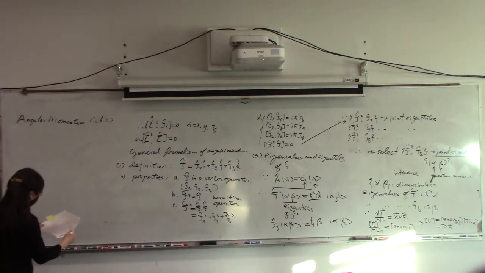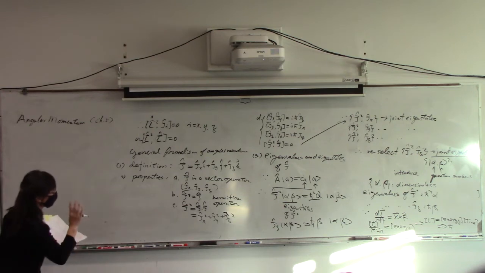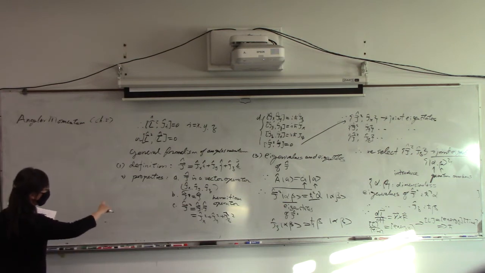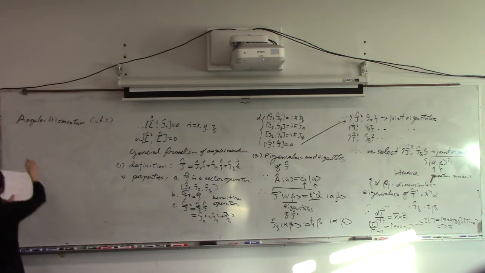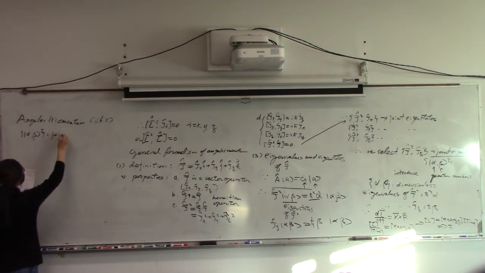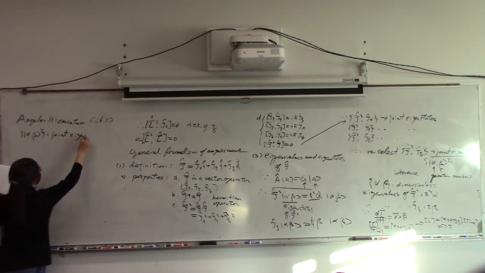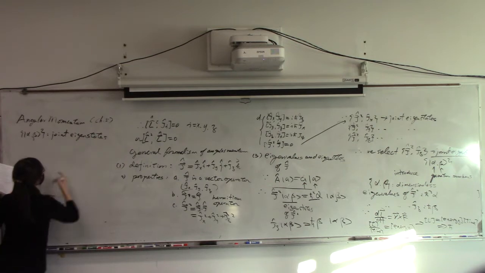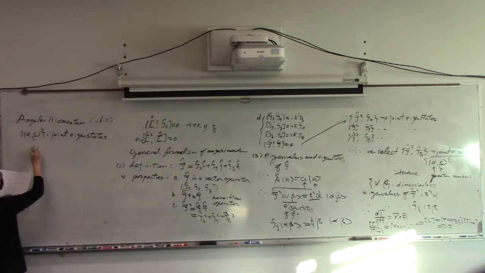So now, let me summarize what we introduced. Here, this we are going to define as a joint eigenstate, right? And a joint eigenstate means they are orthogonal.